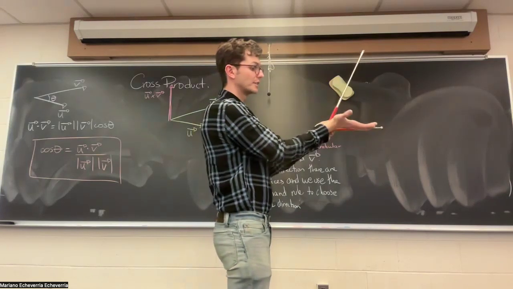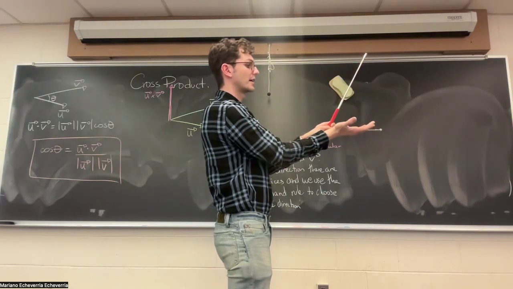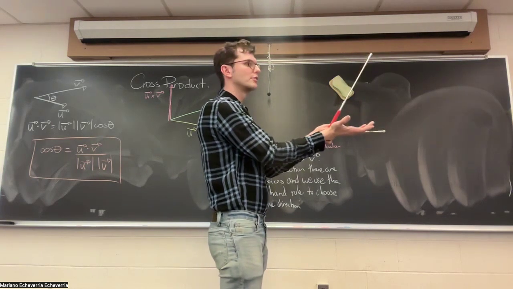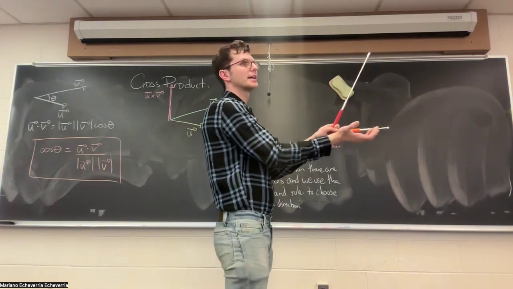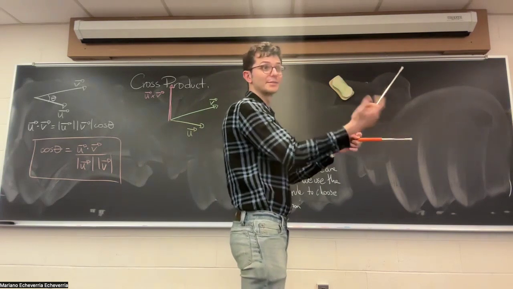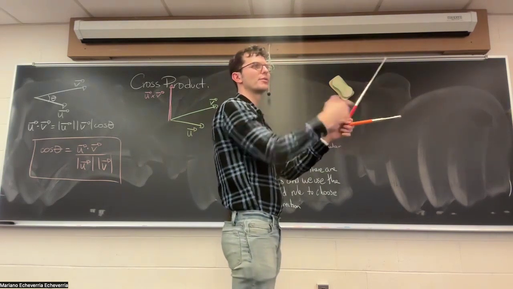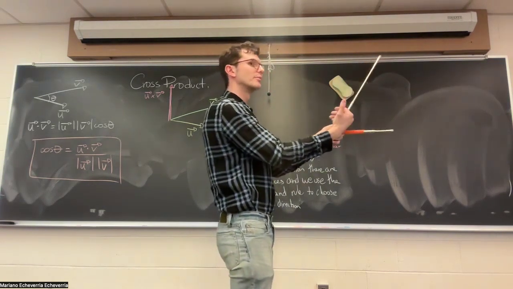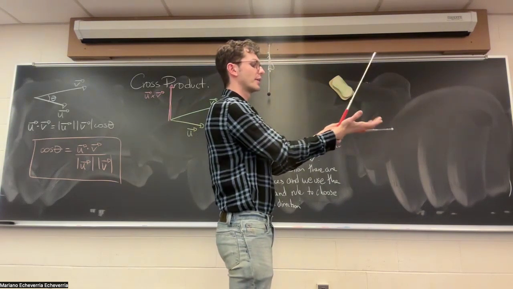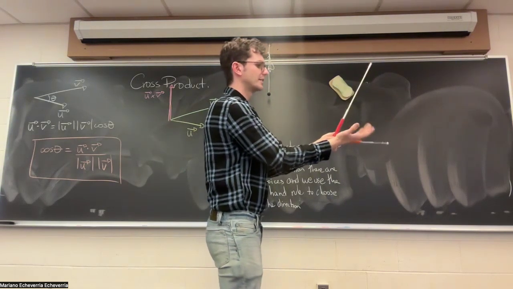So this is U and this is V, so I want to twist my fingers towards V using the smaller angle, right? Because remember, there are always two angles between vectors, so close your hand using the smaller angle.